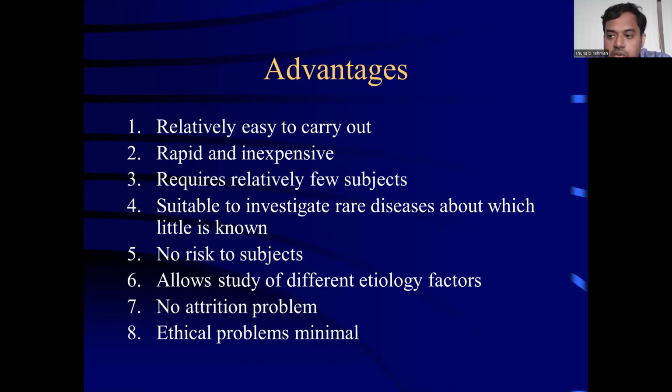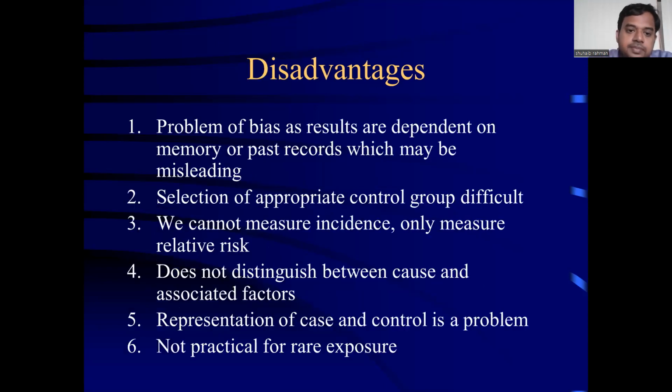We are not going to lose anything in that case. And there is no attrition problem, compared to a cohort study. In cohort studies, there is a chance of loss of follow-up. Patients can discontinue the study in cohort studies. That problem is not going to happen here. That will be detailed in your next portion. Then, as I told, ethical problems are minimal.